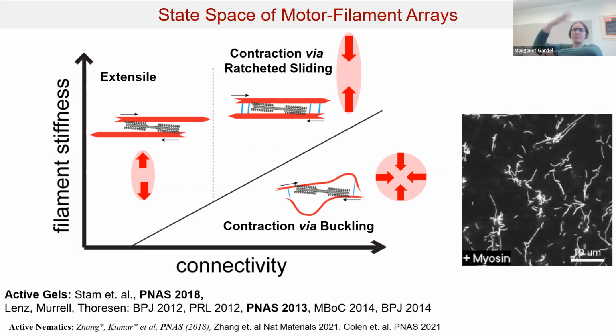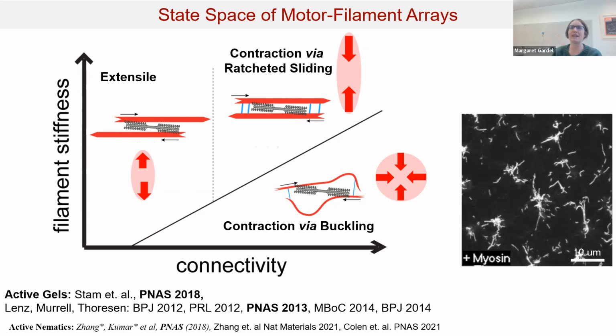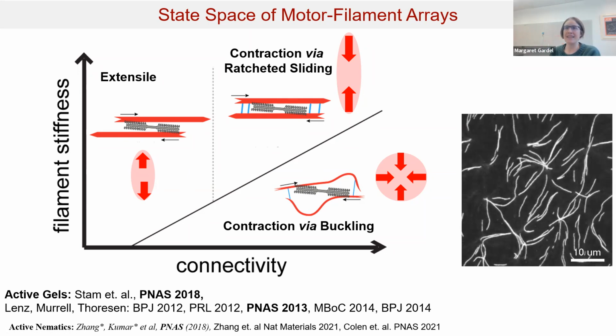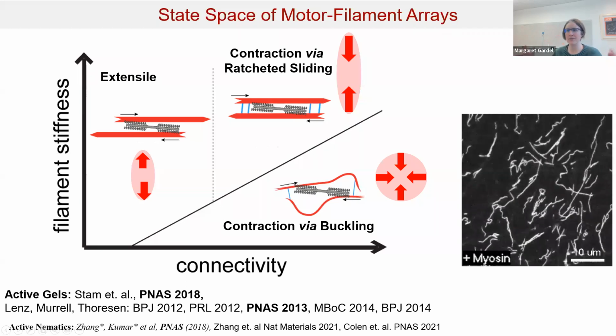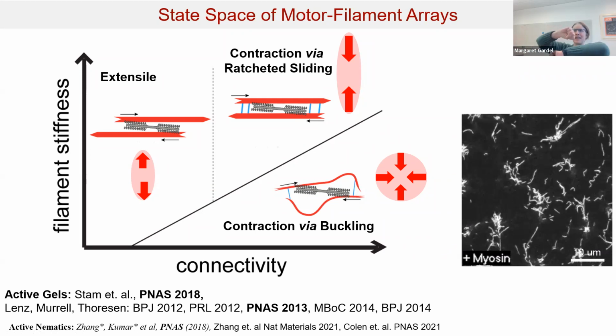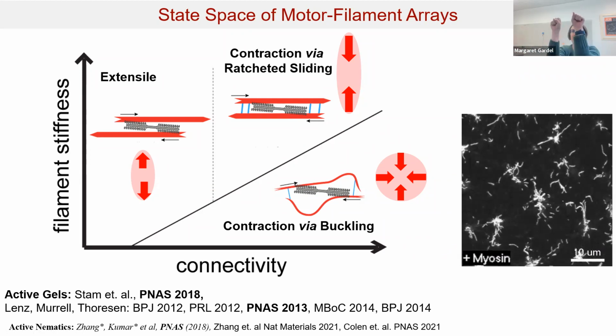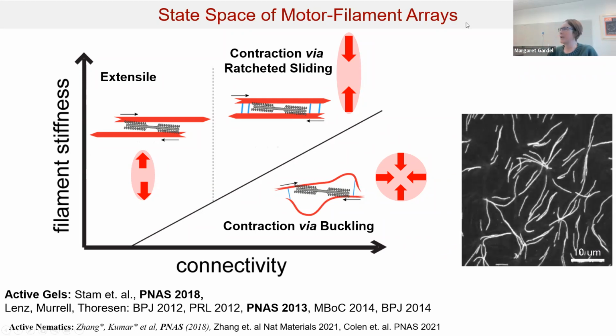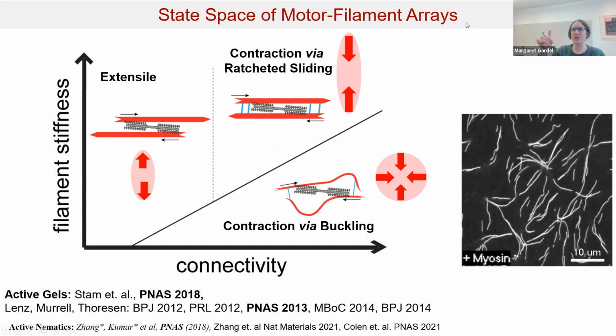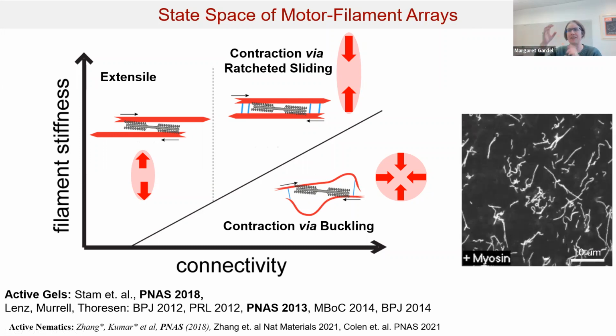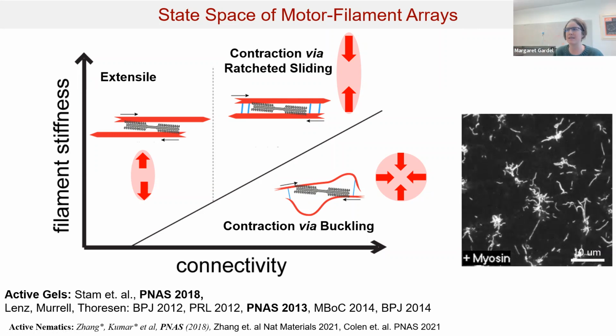So you end up with a probability distribution of something that's net extensile. Okay, but this phase space summarizes why you can take a translocation motor of two filaments, and obviously we're only assuming the anti-parallel organizations. When they're parallel, nothing interesting happens. You can change it from being extensile to contractile dipole, and the shape of that contractile dipole can change depending on the mechanics of the system.